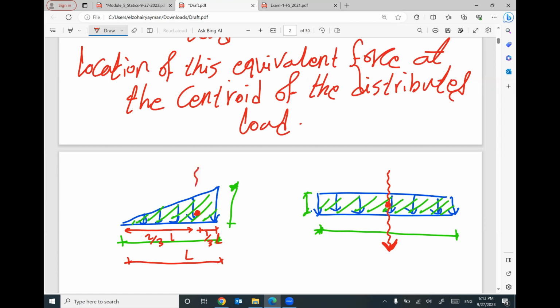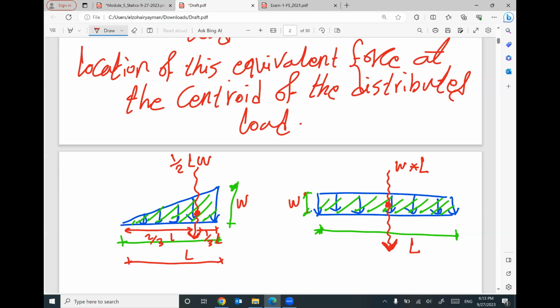This is the location of the equivalent. How much? This height is called W. So the area of this rectangle will be W times L. It's the area of rectangle, length times height. The area of this right angle triangle, 1/2 times length times W.